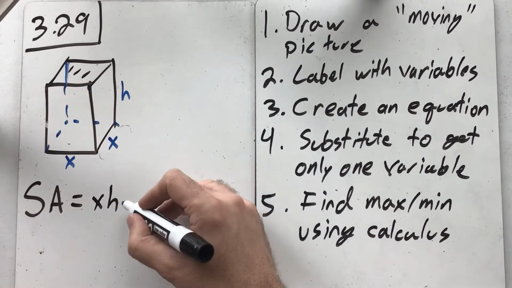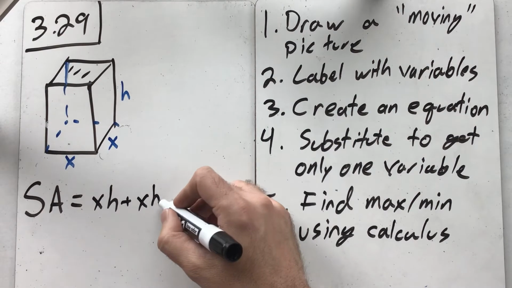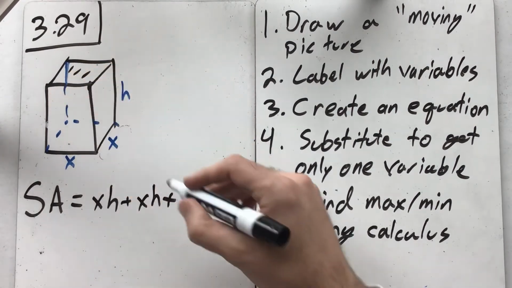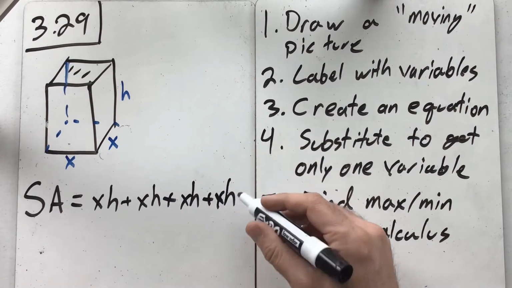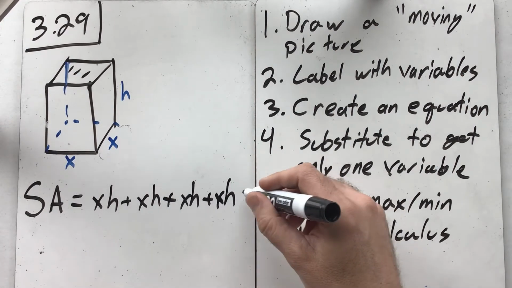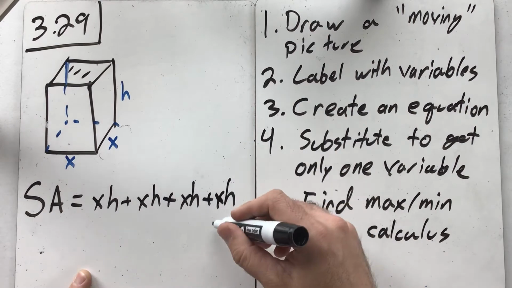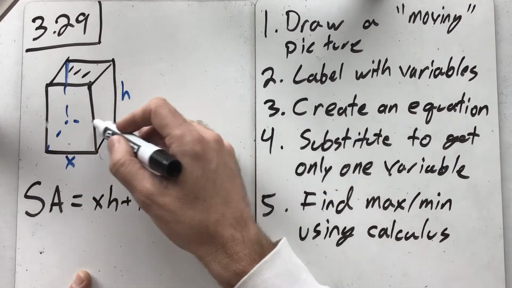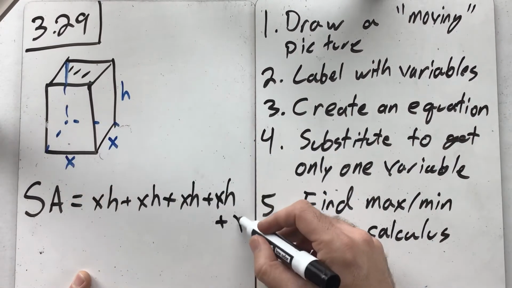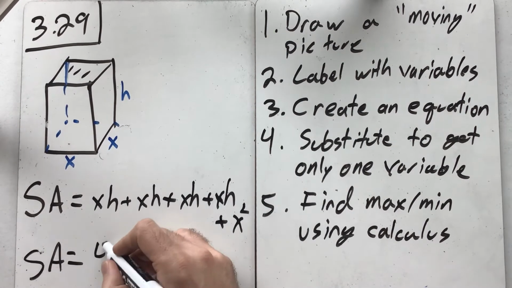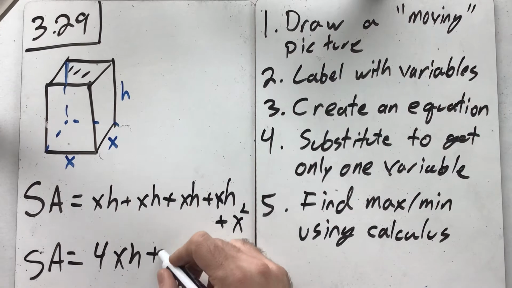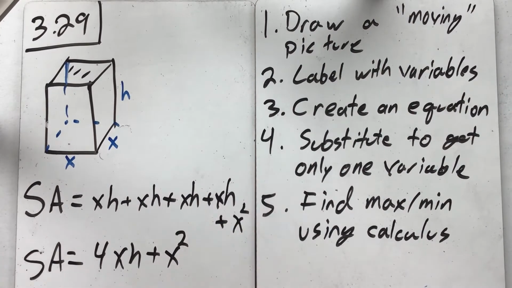The side face has an area of x times h. Similarly, the two back ones are also xh and xh. Then finally, there's one more to add, the bottom, and its area is x times x, so it's x squared. If I simplify this, I get 4xh plus x squared as my surface area.